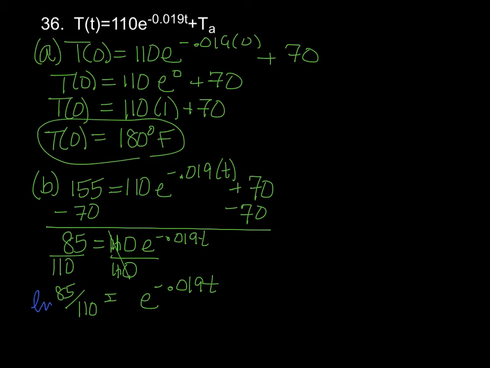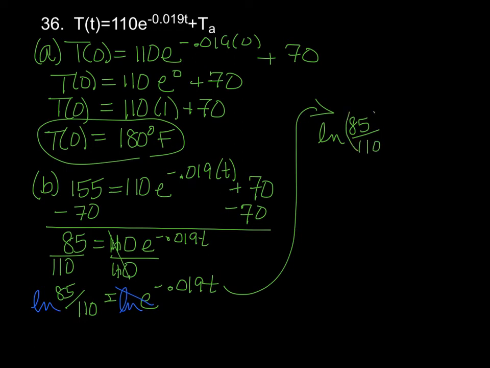So I'm going to ln the left side and I'm going to ln the right side, and that will cancel out that e. Okay, so let's just bring that up over here. So I have the ln of 85 over 110, and I'm just going to leave that.